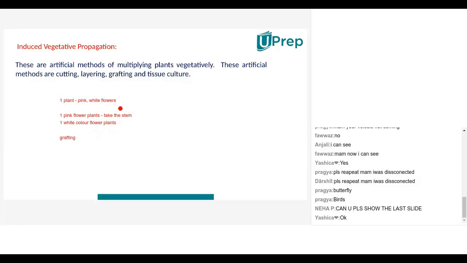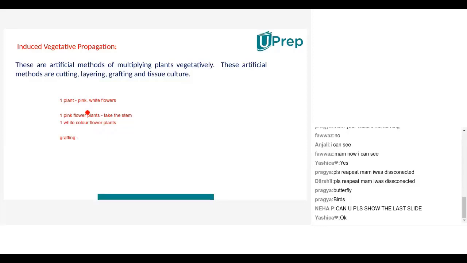Now, if the scientist wants to explore a little more and wants to be a little more adventurous, what he'll do is that he will take the stem of a yellow color flower plant, cut it, and then put a cutting in the main pink color flower plant, and then tape both together. And then you will find that after a few weeks, that plant will have pink color flowers, white color flowers, and yellow color flowers.